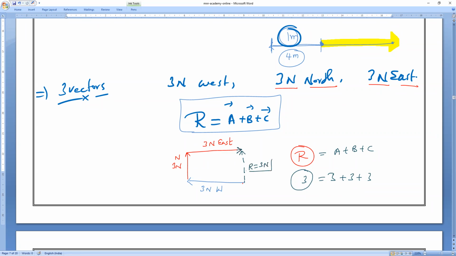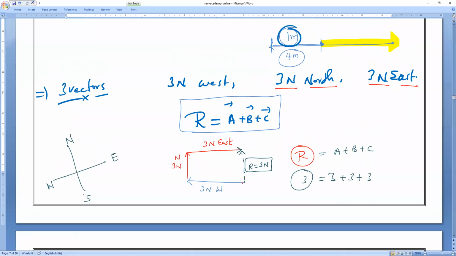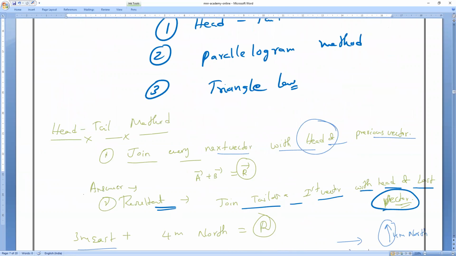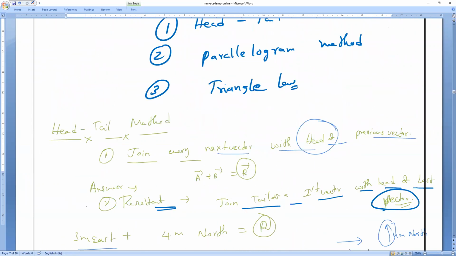Understand everybody? Parallel shift, I made it here. East, west, north, and south, that is what you have to remember. Any doubt? So this is what we call the head and tail method. Very simple method. What is the first step to remember?